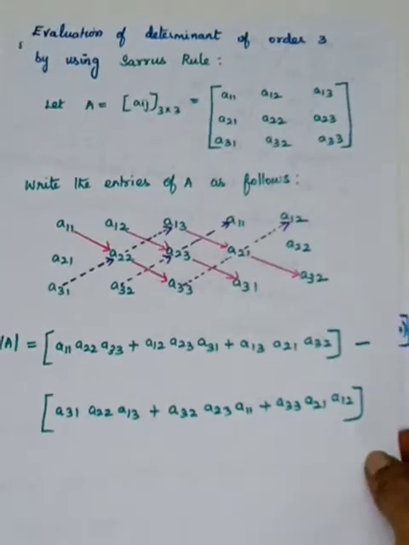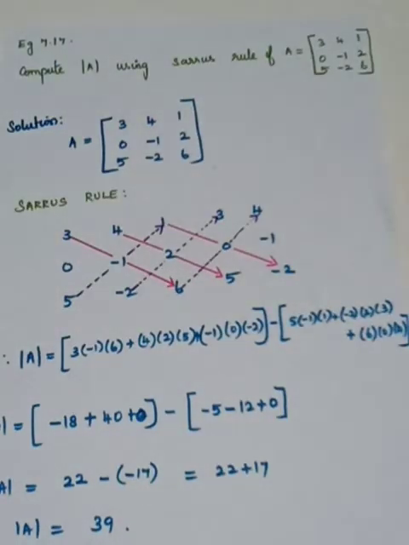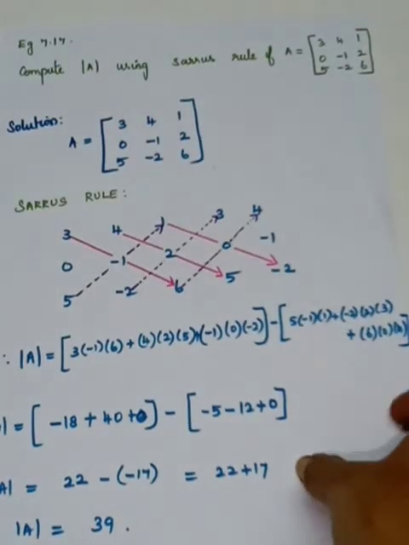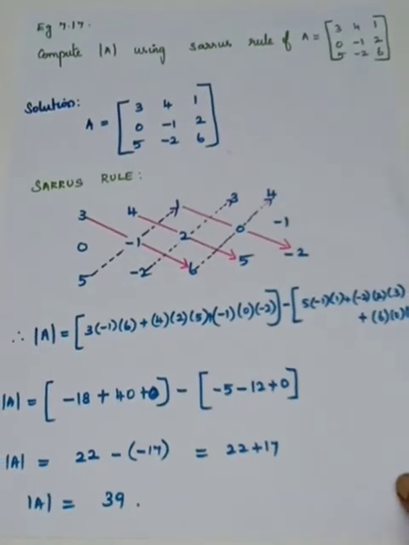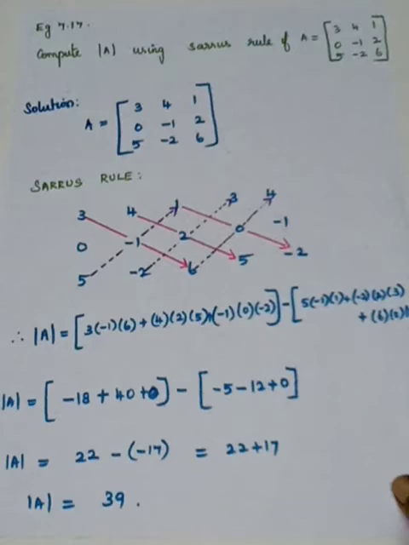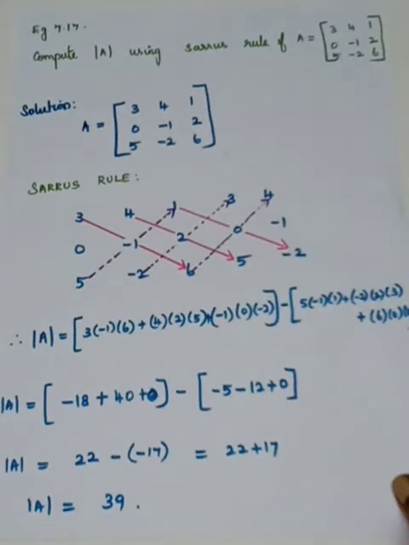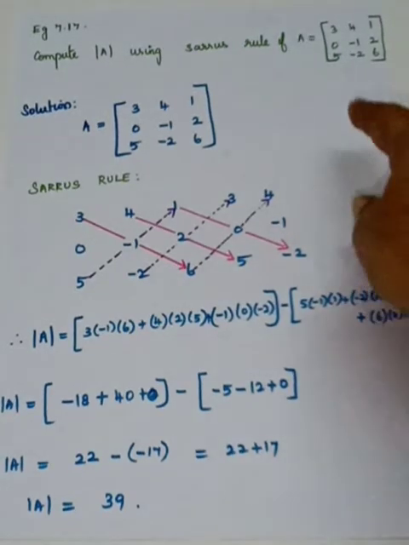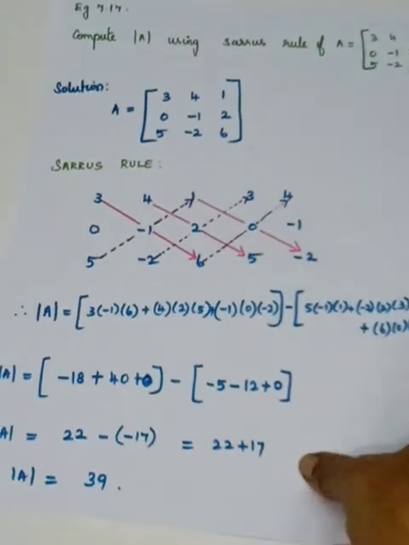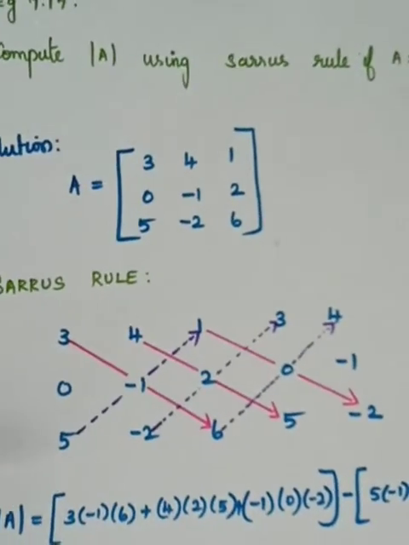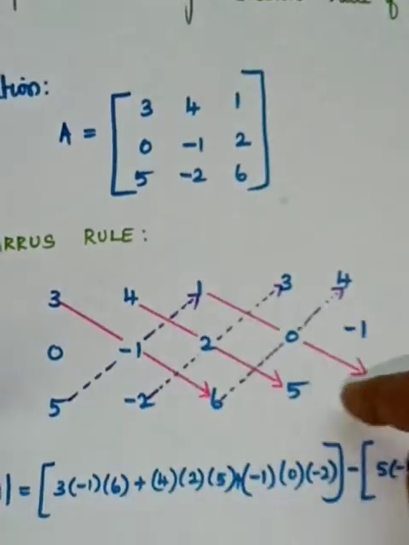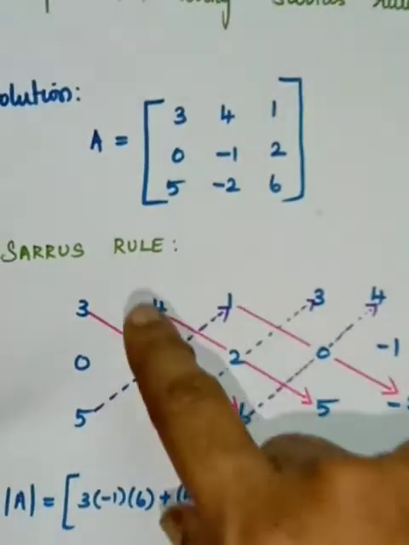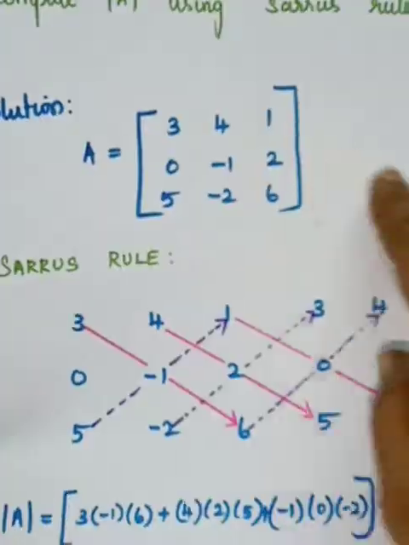Okay, you see that one example is given. Example 7.17. Compute determinant A using Sarrus rule. If the method is mentioned, you have to use the procedure of that. So the matrix A is given. We are going to use Sarrus rule. For that you have to arrange the entries first.